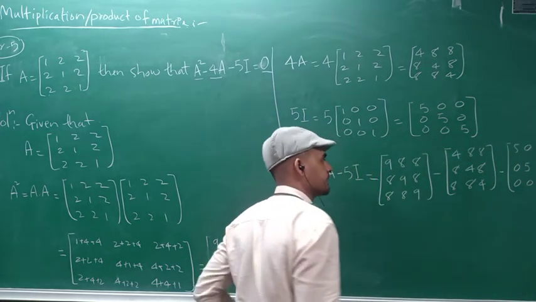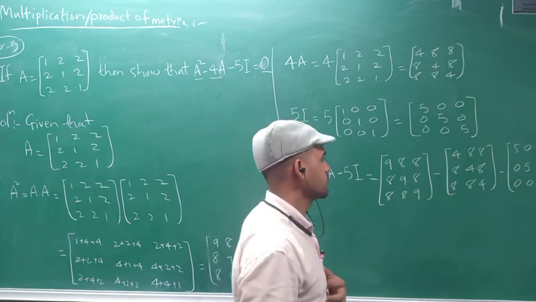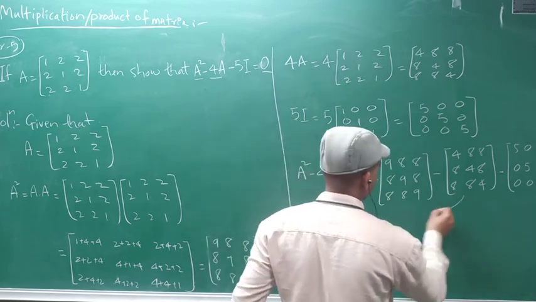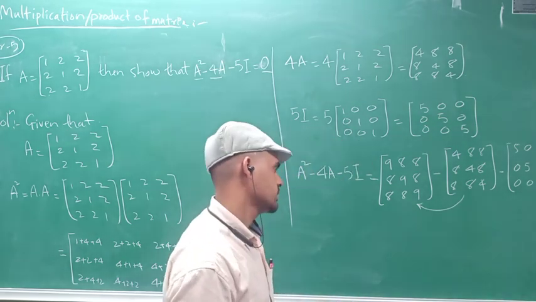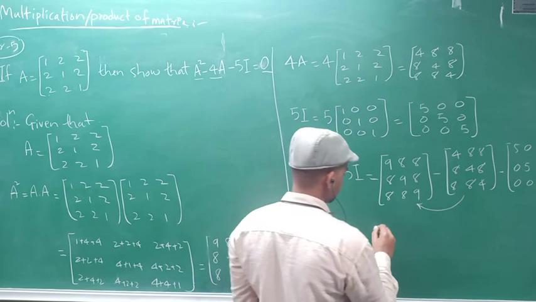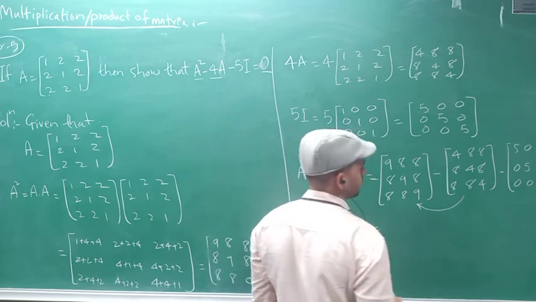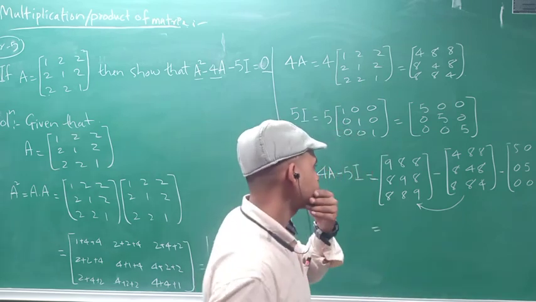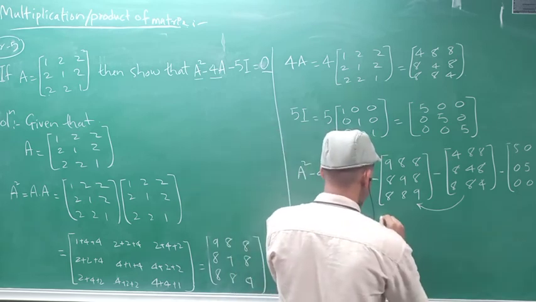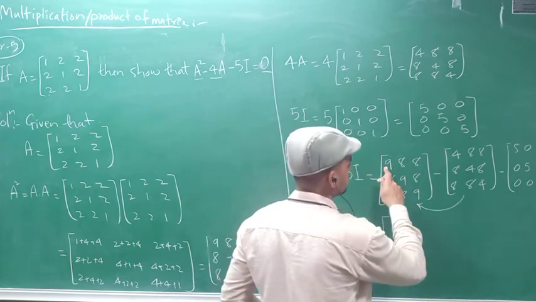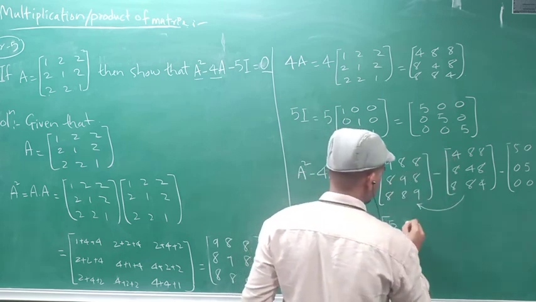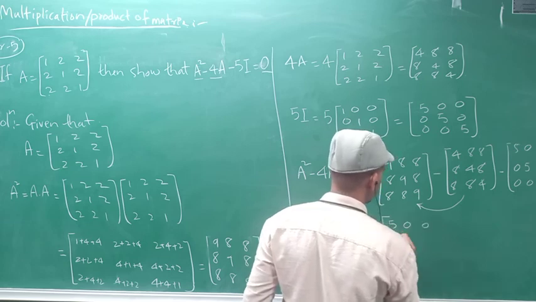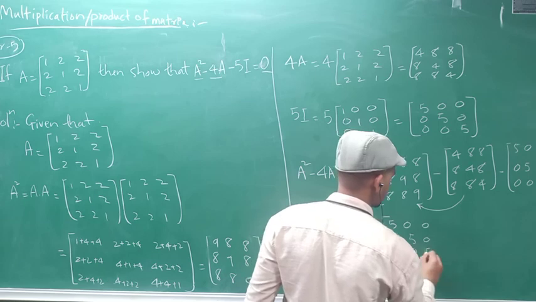Okay. Now, first doing the algebra with these two matrices, here I will get 9 minus 4 is 5, 8 minus 8 is 0, then 0, then 0, then 5, then 0, then 0, 0, 5.